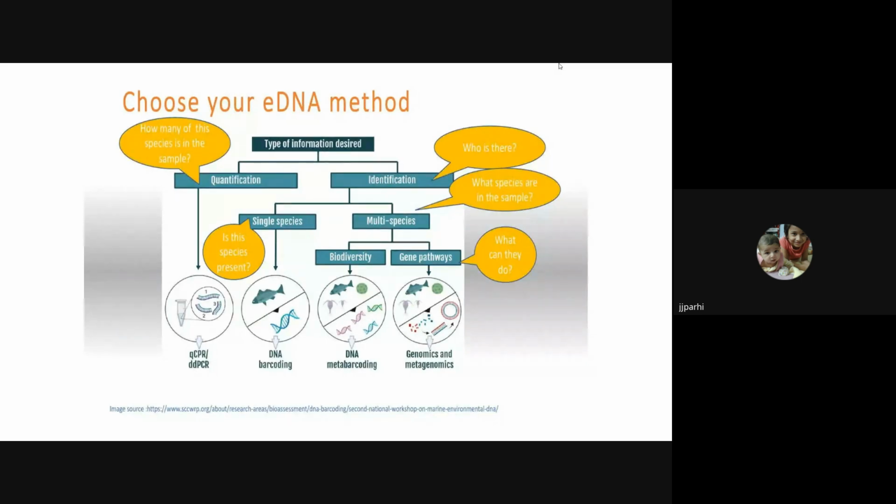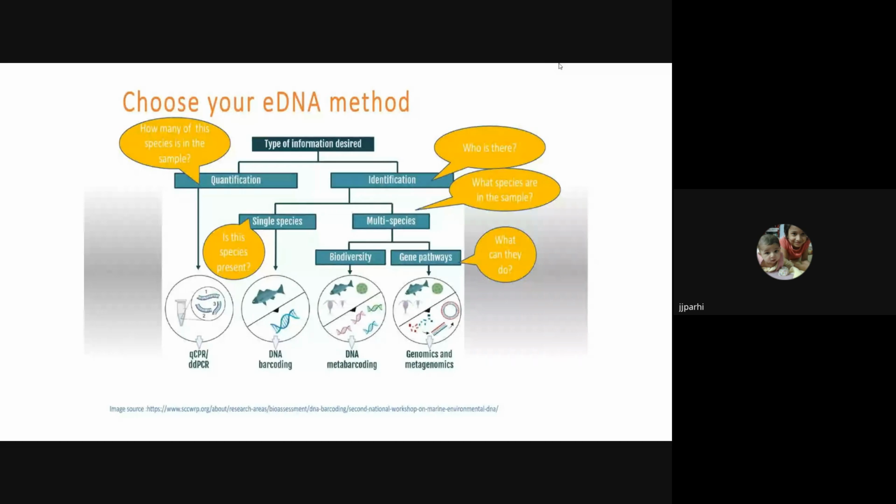When we are looking at eDNA, basically we look into multi-species. From the sediment or environment we collect the sample, and in actuality a lot of species will be available there.